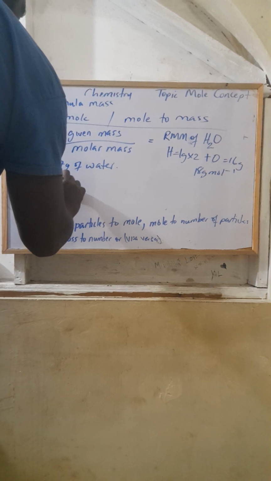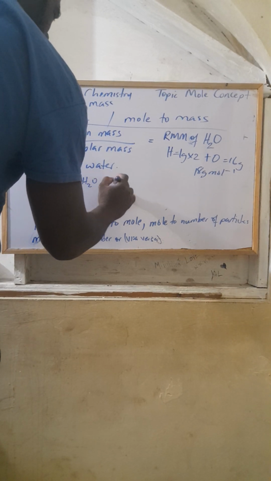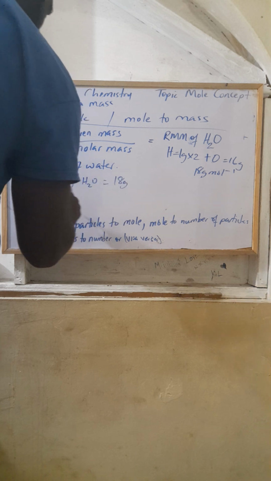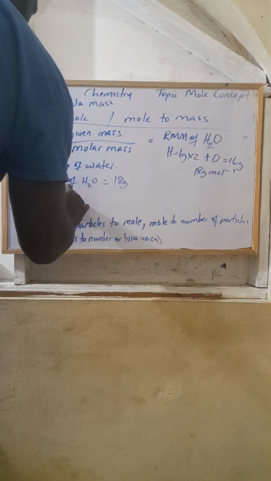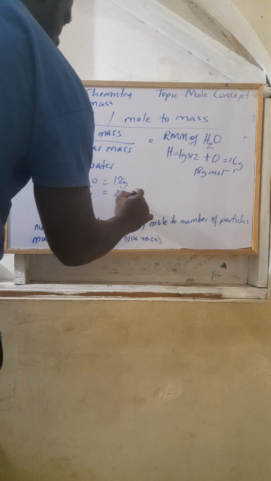So the number of moles in 27 grams: 1 mole of H2O equals 18 grams. Therefore, X mole of water is equal to 27 grams.